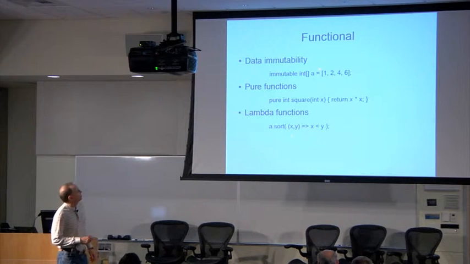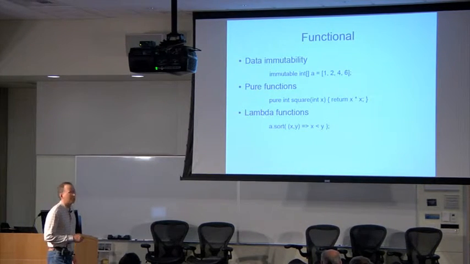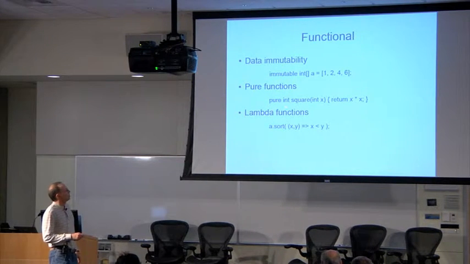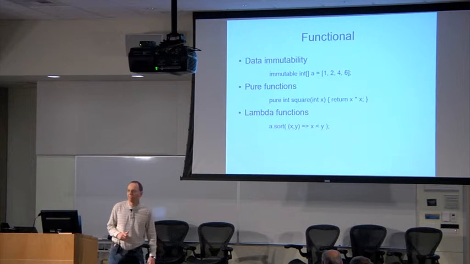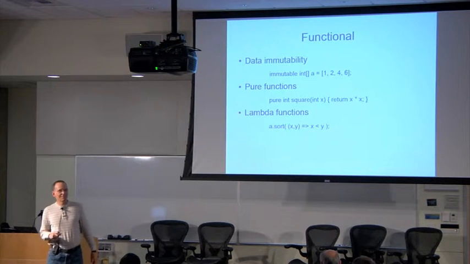The next thing you've got as a functional feature are pure functions. And that's a part of the type. It's a type constructor on the function type, and you just put pure in front of it. And so what does pure actually guarantee in D? Is there anybody got an educated guess?